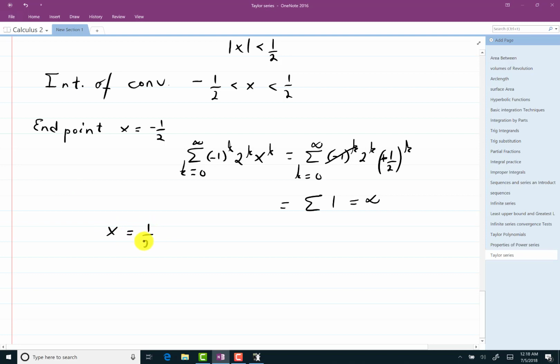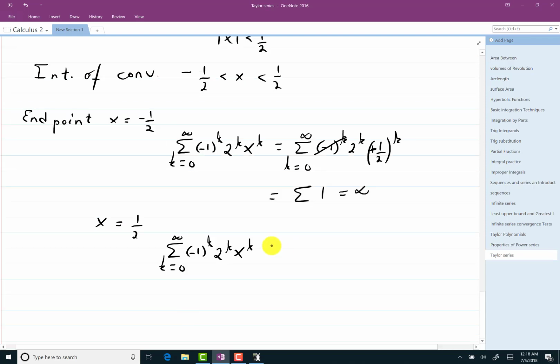When x equals 1/2, the 1/2 and the 2 will cancel, and then you'll get this alternating business, and that doesn't converge either.